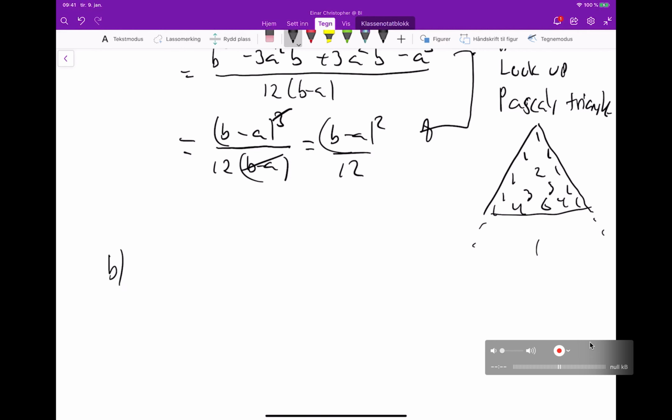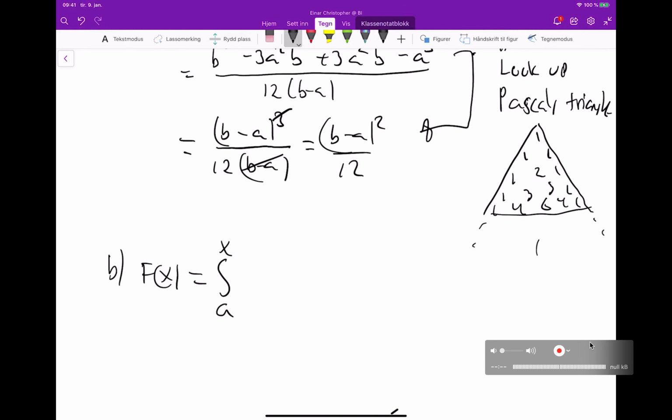Find an expression for the cumulative distribution function. So F of x, we know how we find it. It's to integrate from the lower limit a to how long we want to go, x.